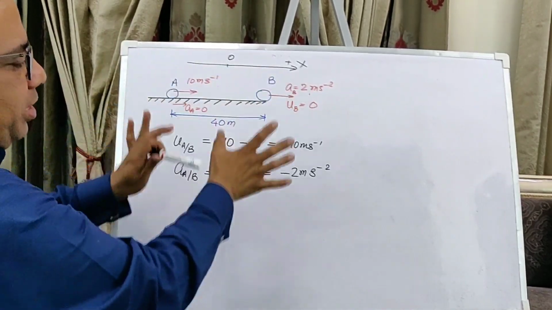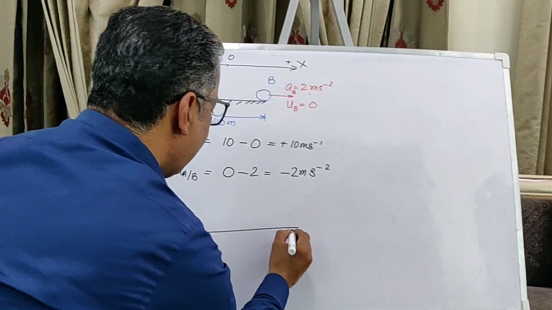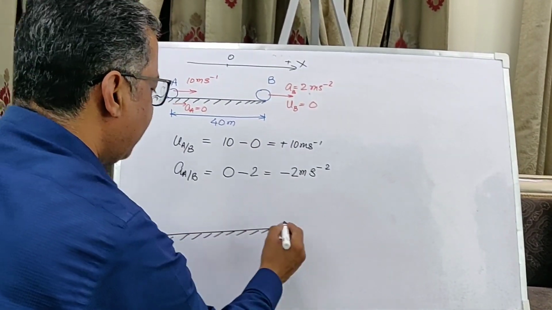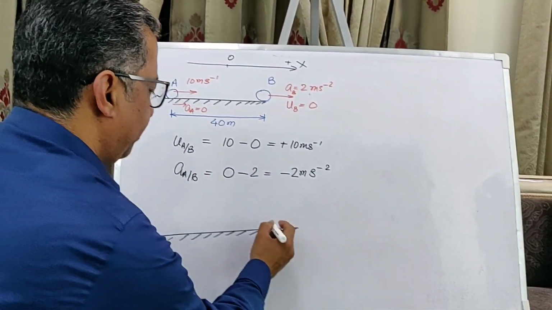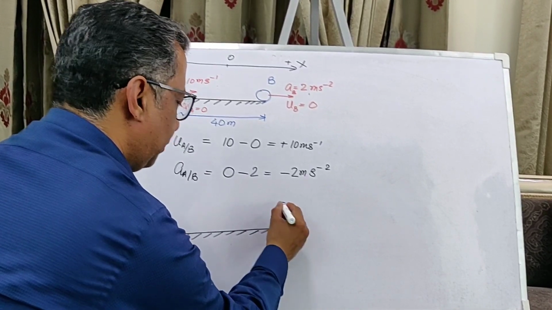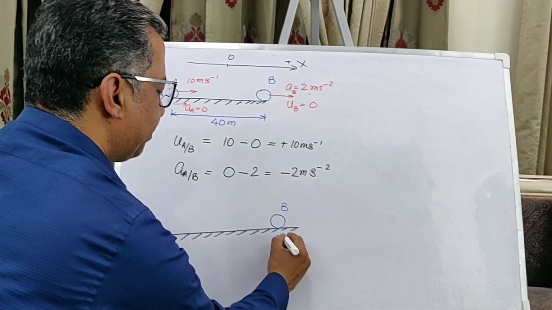So let's convert this now to a problem of relative motion, and in this B is at rest. This is B, it is at rest.